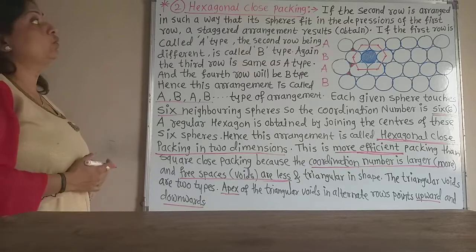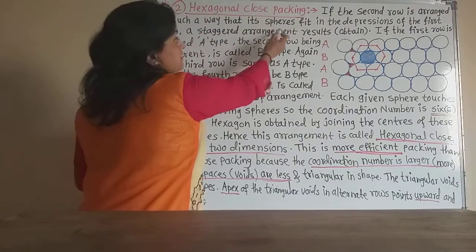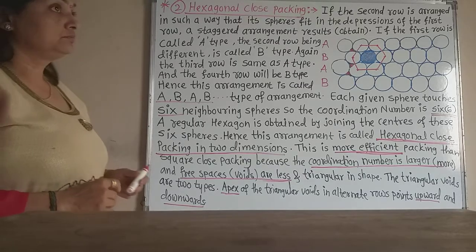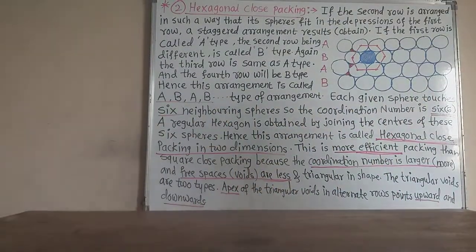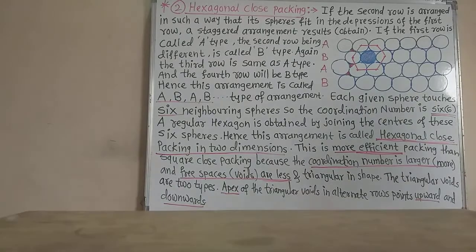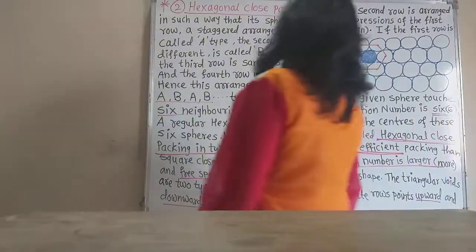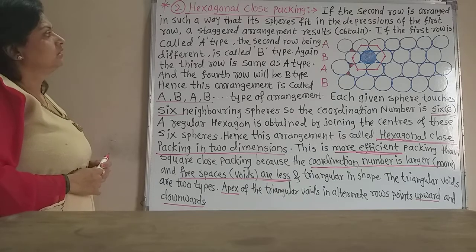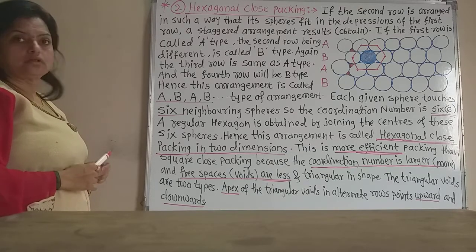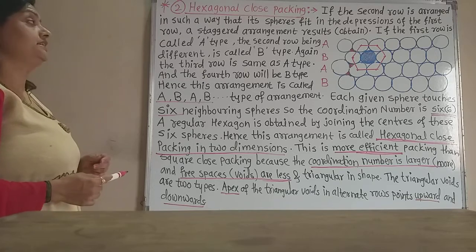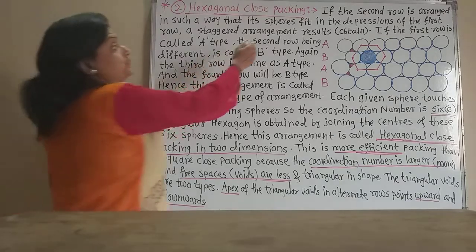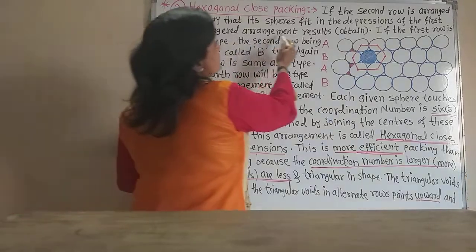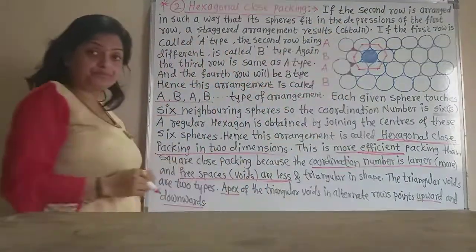If the second row is arranged in such a way that the spheres fit in the depression of the first row, then what happens? A staggered arrangement results.